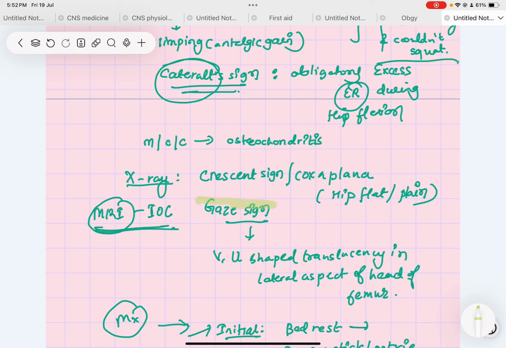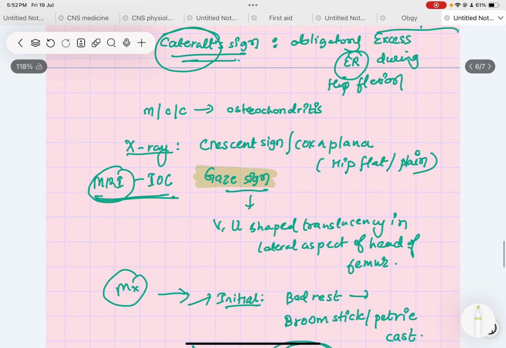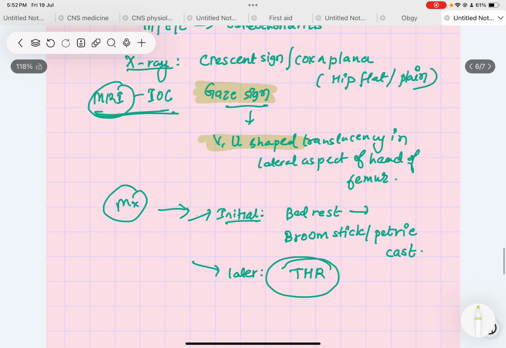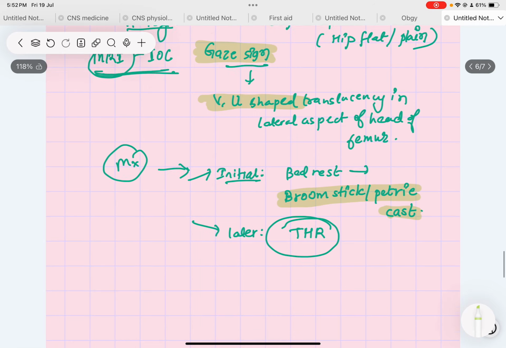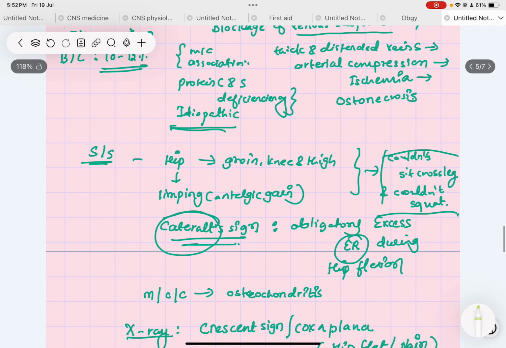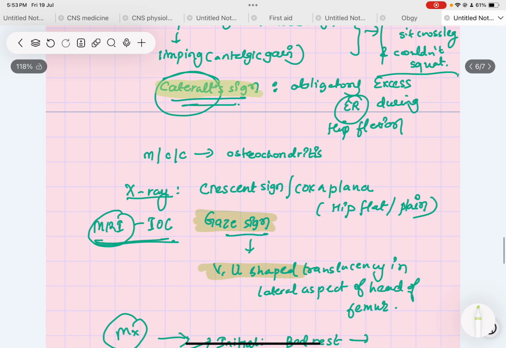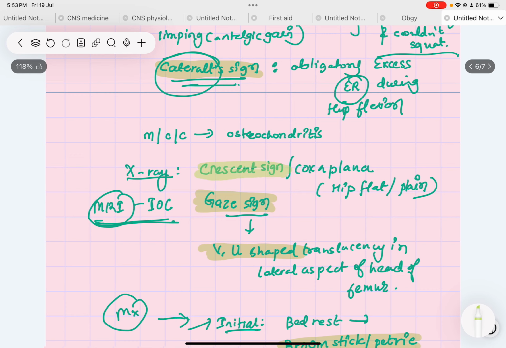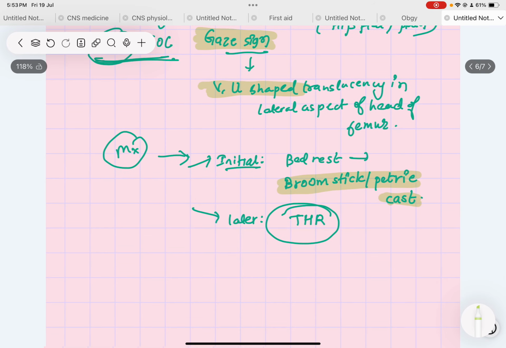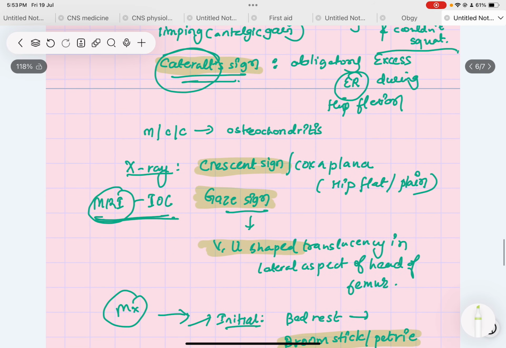And one sign we have to remember is the gage sign. So gage sign is your U-shaped translucency that is seen in the lateral aspect of the head of the femur. And initially we can do the conservative management, so broomstick and Patrick cast, and in later stage we are going to do the total hip replacement. So here we have to remember Catterall sign, crescent sign, gage sign, and broomstick or Patrick cast.